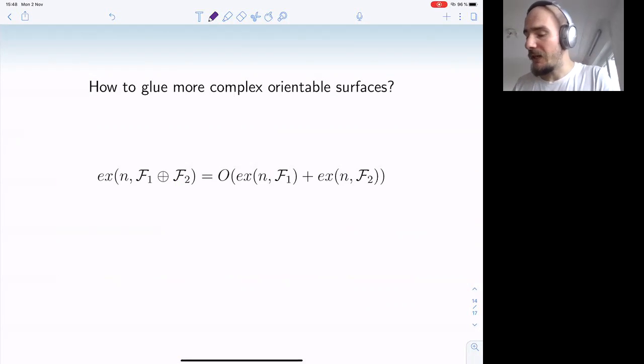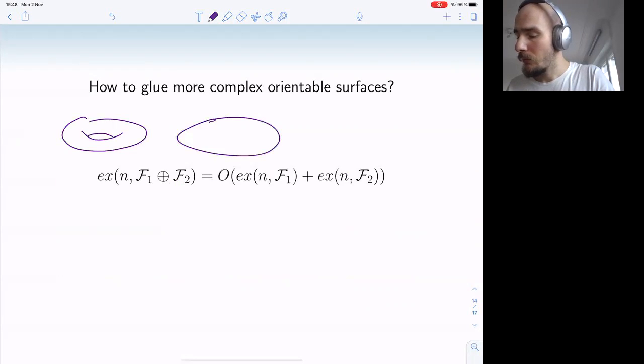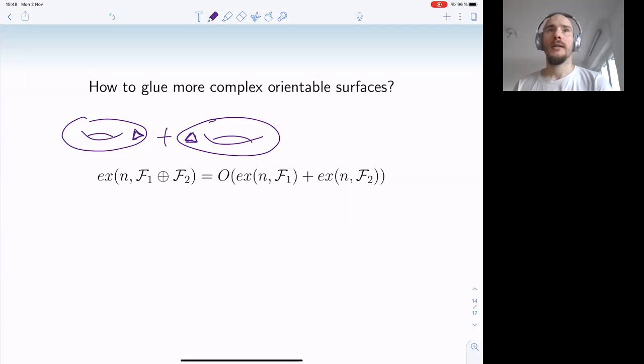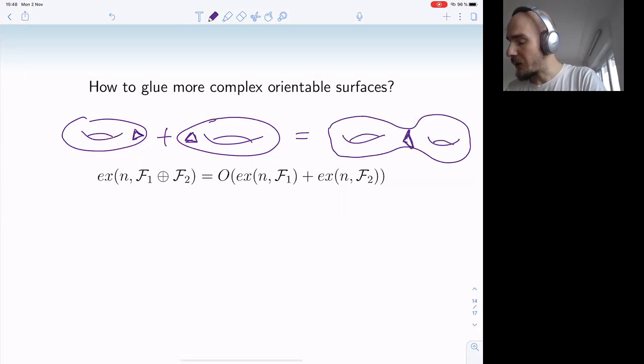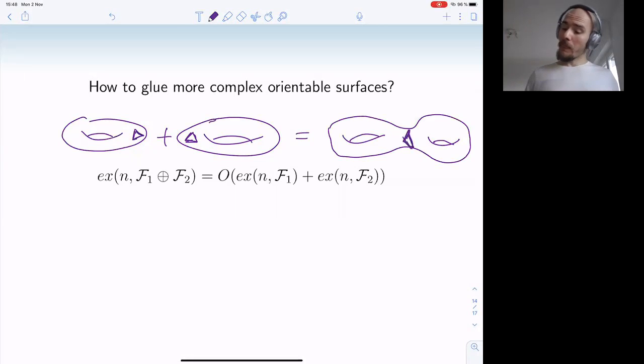The idea is, what can we do if we have two tori and you take, say, two triangles on the boundary, then you can cut out these triangles and just merge these two hypergraphs, glue them along this triangle, and then remove it, and then you'll get the pretzel here, kind of.